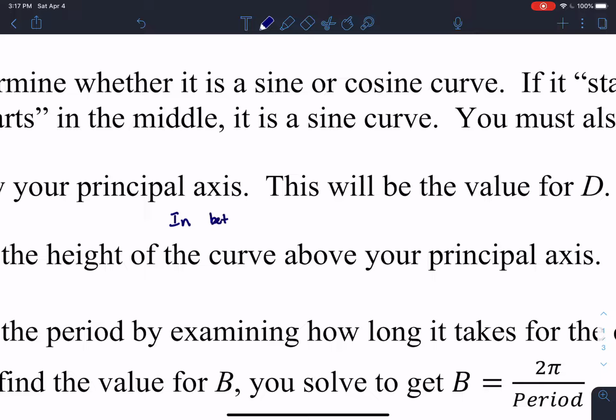For example, say my lowest point was at y equals 0, and my highest point was at y equals 6. The middle of that would be y equals 3, so that would be the value of my letter for D.